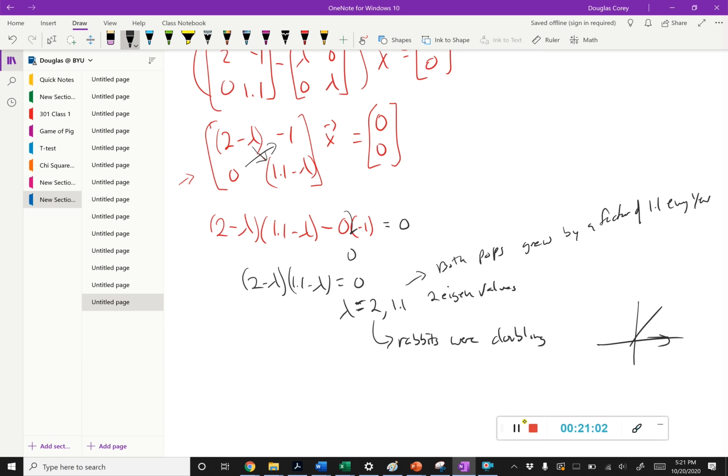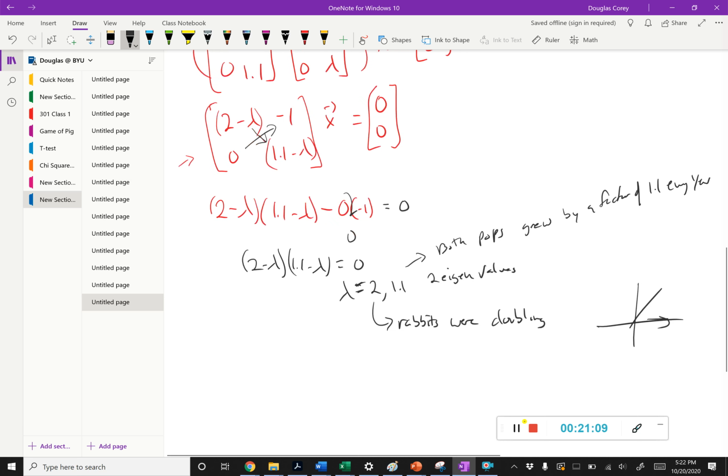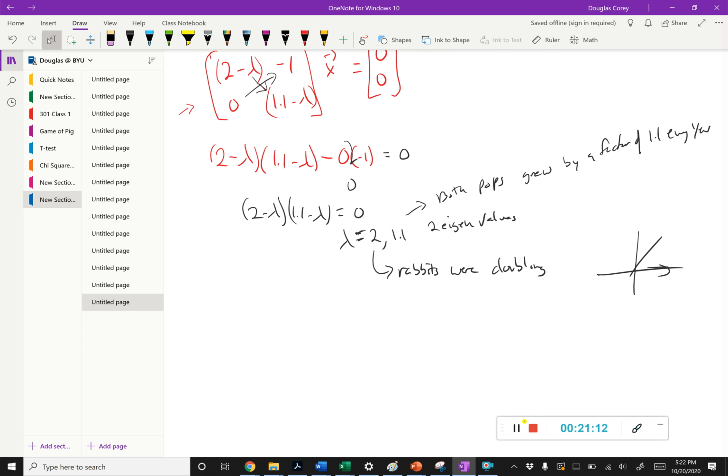So now let's try to find the vectors that are associated with both of these, the eigenvectors. Let's start with lambda equals 1.1.